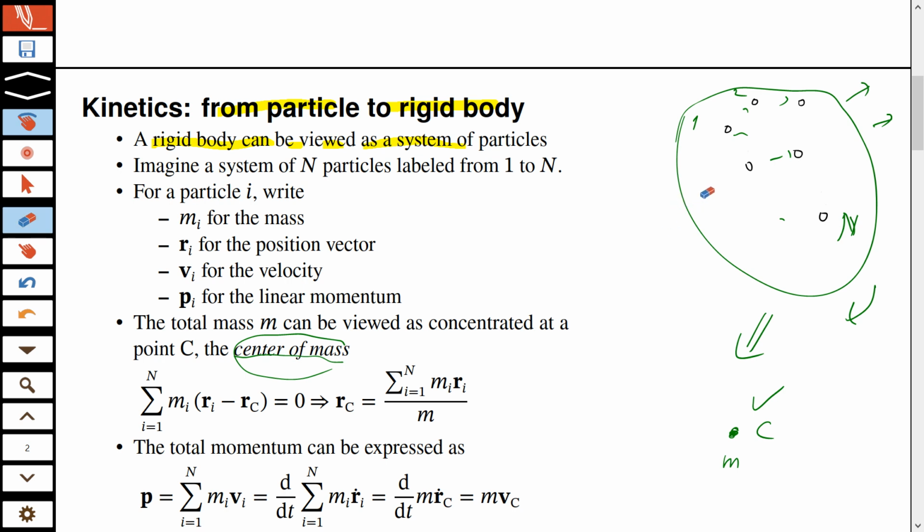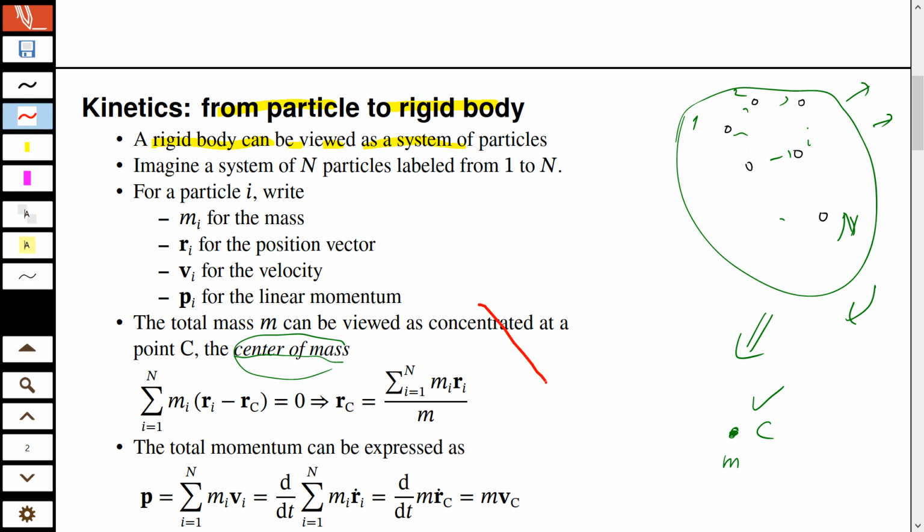For that, let's say I start with particle i. On this particle i, I can consider the different forces.